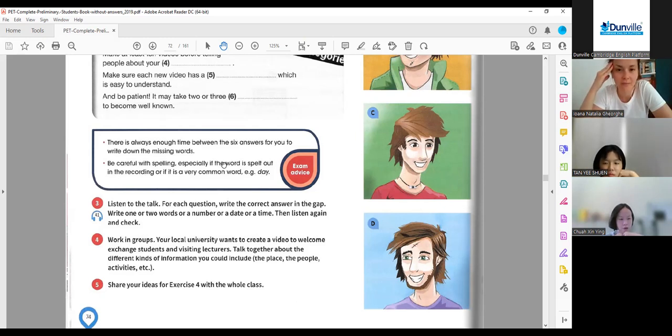Our school uniform is a white shirt with a blue pinafore, and the teachers are good and patient. Okay, very good. Thank you very much, girls.